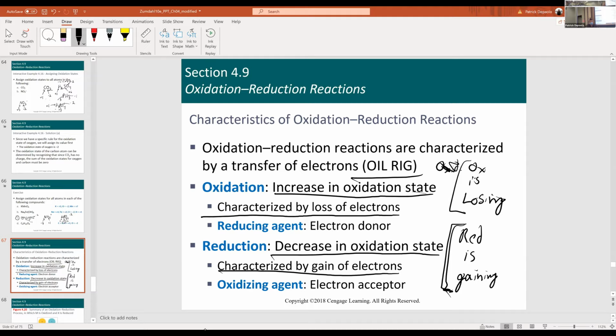It's facilitating the reduction. It's acting like an agent of reduction, otherwise known as the reducing agent. That's what this term means. So if something's being oxidized, it is helping or facilitating the other one be reduced.